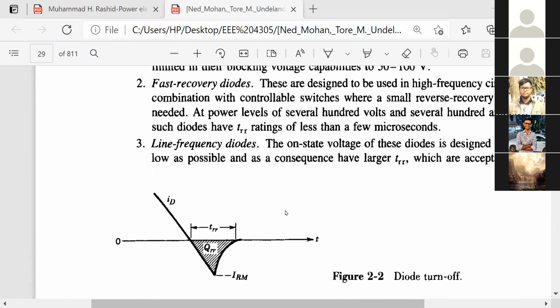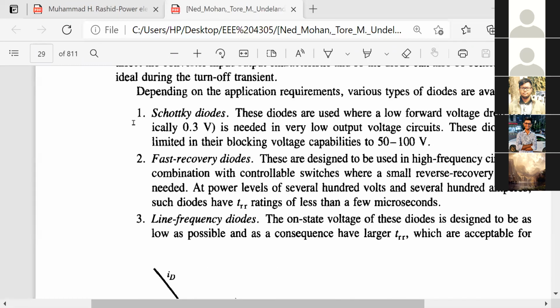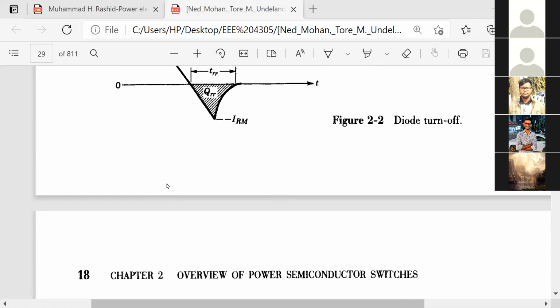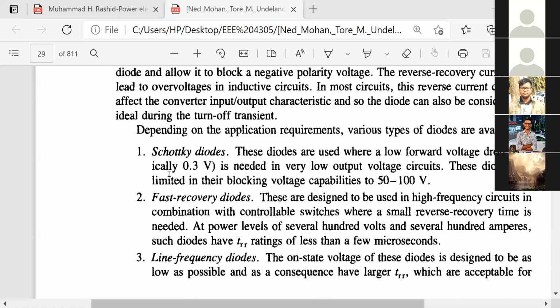Okay, the very interesting thing is, there are mainly three types of diodes. I think you should know all this. Actually, we should read it. Have you heard the name of the Schottky diode? Yes, sir. What is a Schottky diode? Sir, I don't know the details, but it has a lower voltage drop as far as I know. Yes, right.